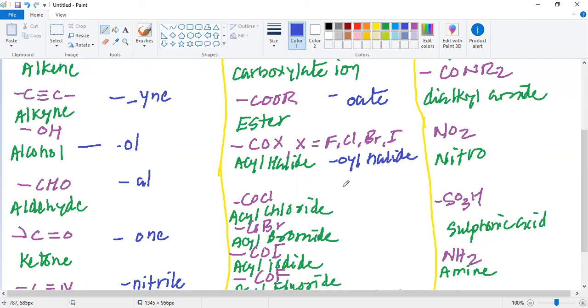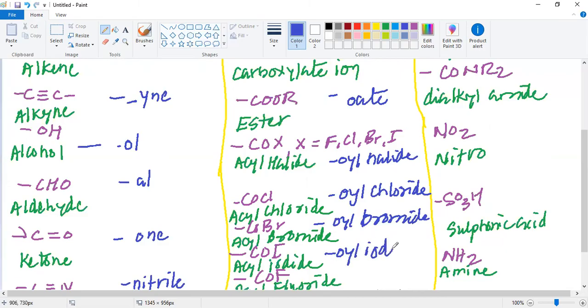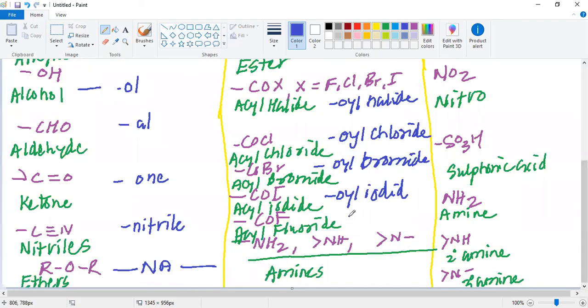So for acyl chloride, we may write OYL chloride. For acyl bromide, we may write OYL bromide. Even we can write OYL iodide, or we may write OYL fluoride.